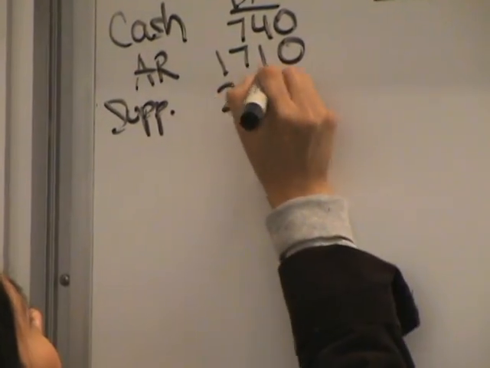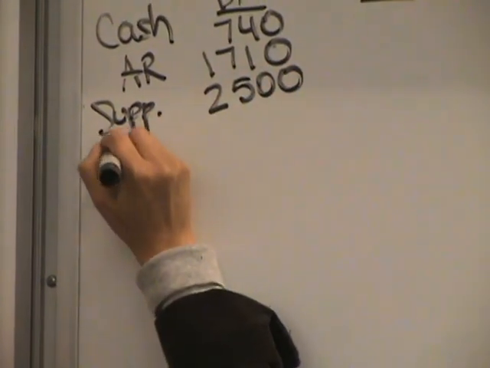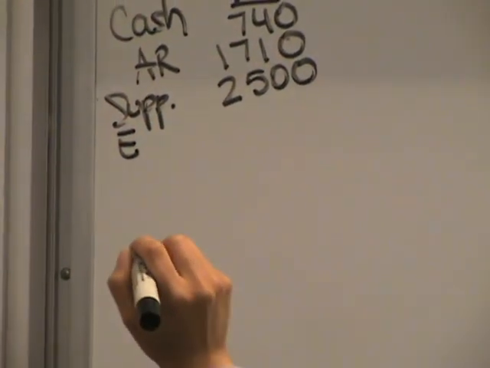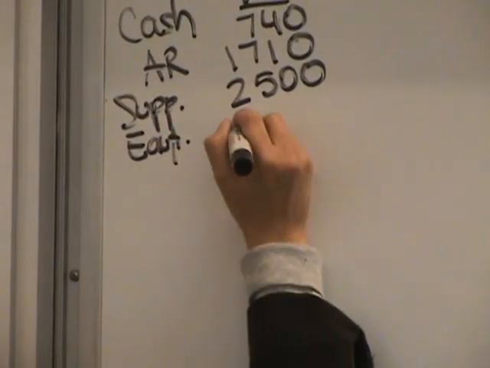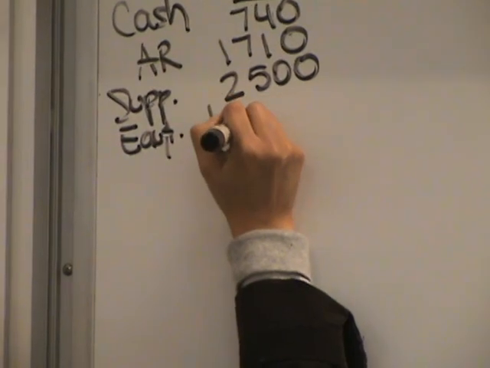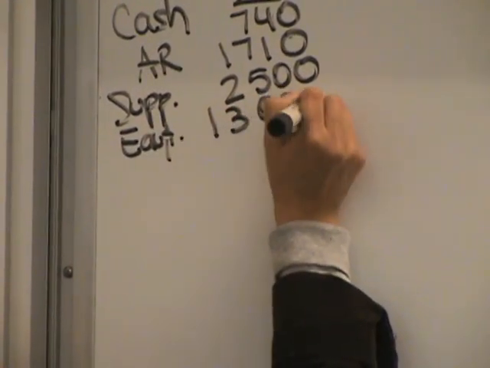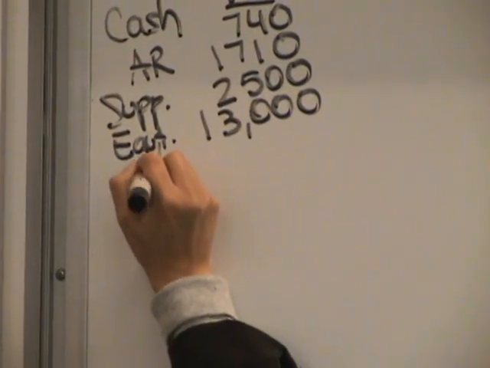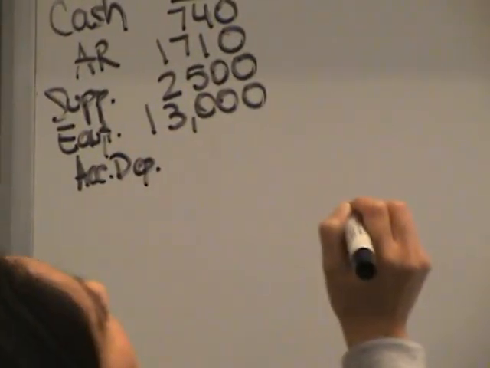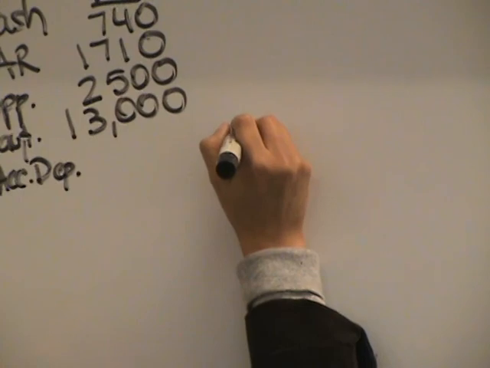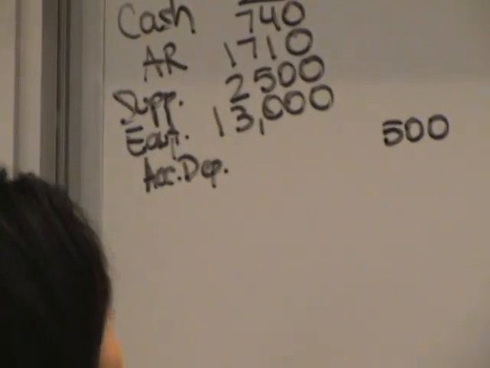Supplies is 1500. Is it? No, 2500. Then equipment. Equipment is 13,000. Then accumulated depreciation, which goes to the right side, which she knew, which is a good sign. Account payable.